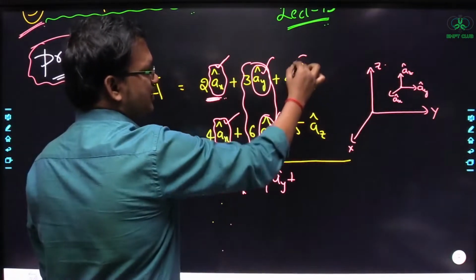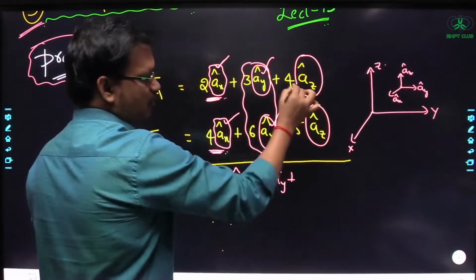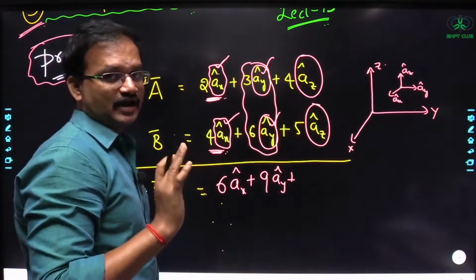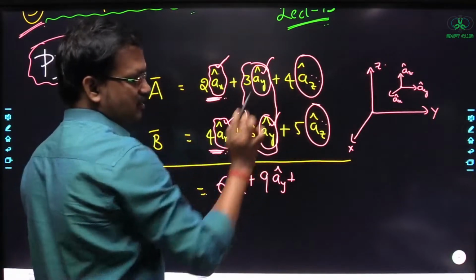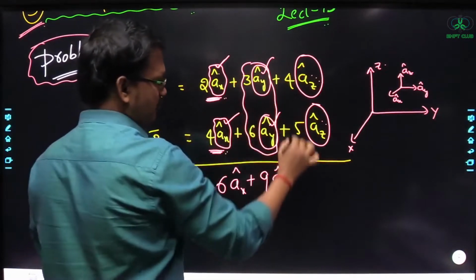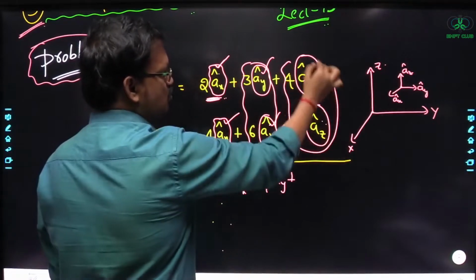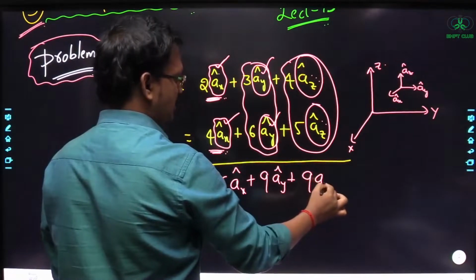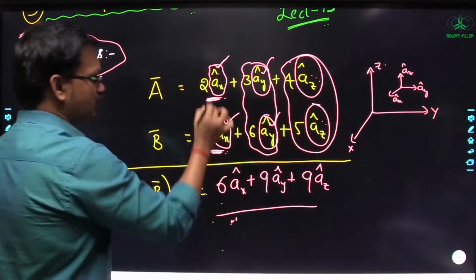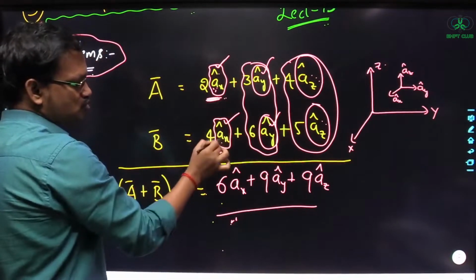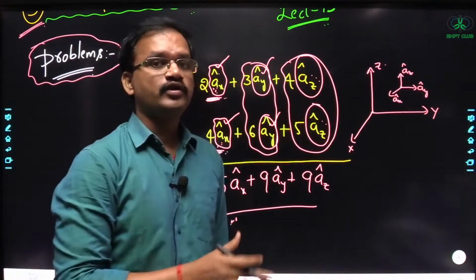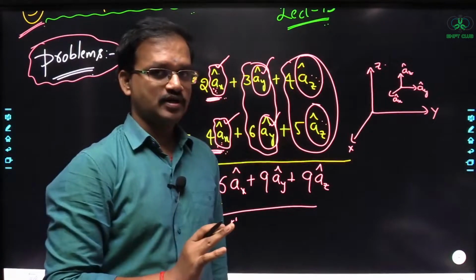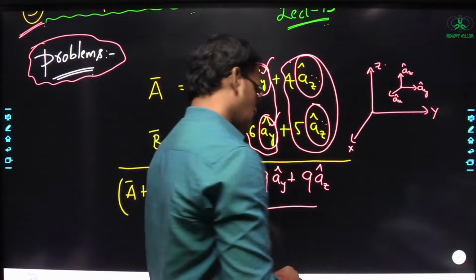Plus here az cap and here az cap both are parallel to the z axis only, so both point in the same direction. So that's why we are adding these two components. So what you are going to get? 9az cap. So whenever you are adding two components, those two components must point in the same direction. Understood? Then only we can add those two components. Understood? Okay.